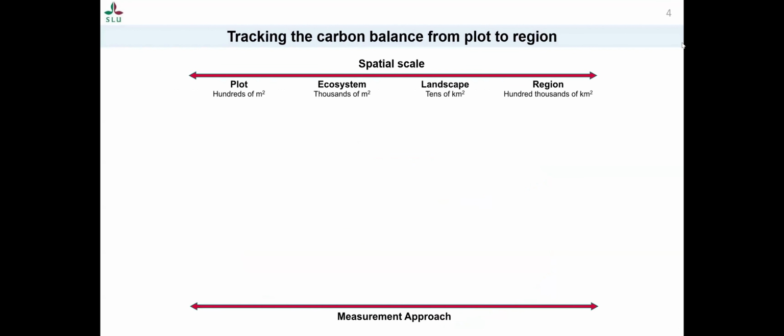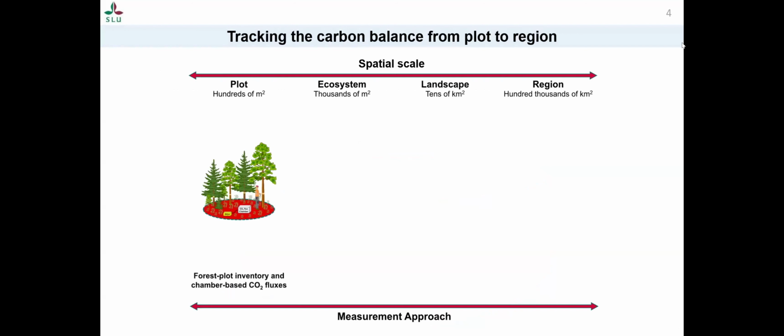If we look at some key measurement approaches that we have to quantify the carbon balance at different spatial scales, then we can, at the plot level, so here we are talking about a forest inventory plot of a few hundred square meters, estimate the net carbon balance by measuring the difference of the plant carbon uptake via repeated inventory measurements and the carbon loss from the soil, which we can estimate with chambers connected to portable greenhouse gas analyzers.